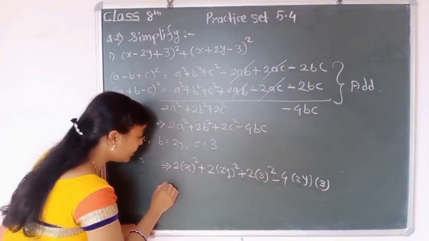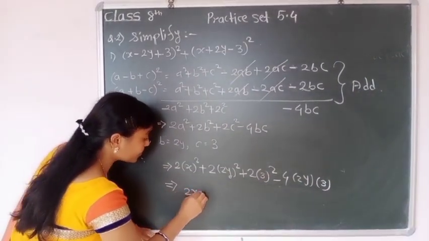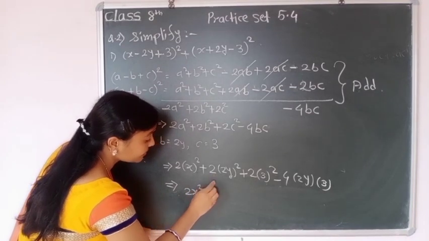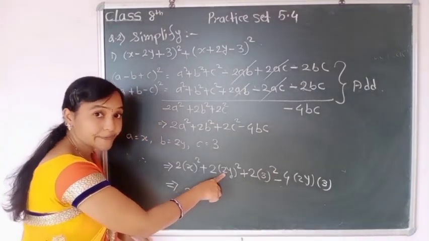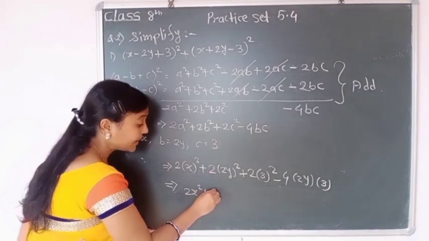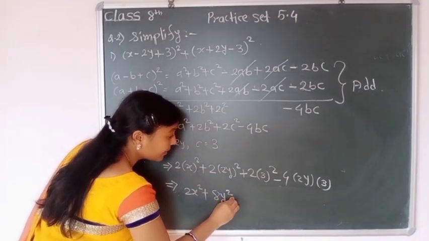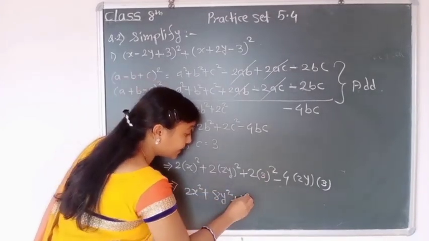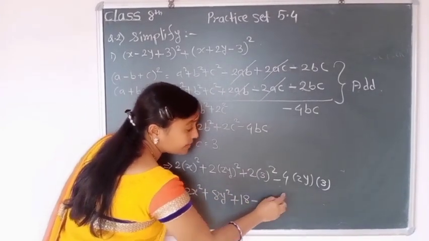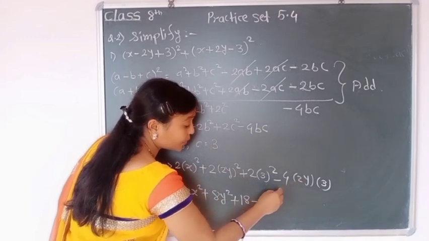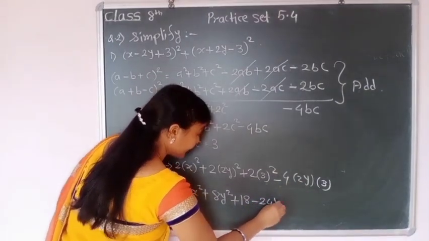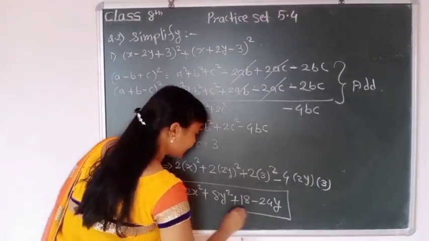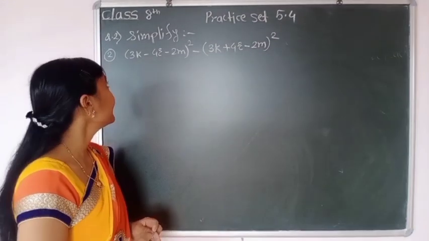And then you solve: 2x square plus 2 square is 4, and 4 into 2 is 8 y square, plus 3 square is 9, 9 twos are 18, minus 3 twos are 6, 6 fours are 24 y. This is the answer.